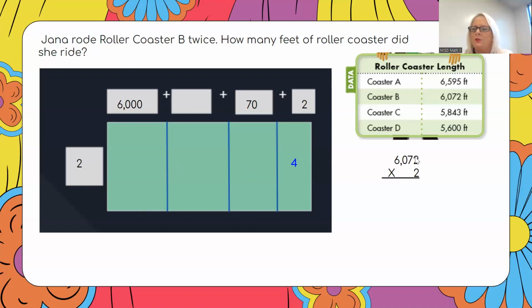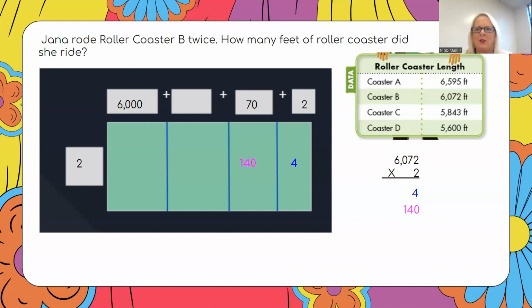Well, if we do 2 times 2 here, we also get 4. Look at that. That's amazing. So now we're going to look at 70 times 2. Well, I know my basic fact, 2 times 7 is 14, and then add my 0, and I come up with 140. What happens when I do 7 times 2 over here? Look at that, same partial product, 140.